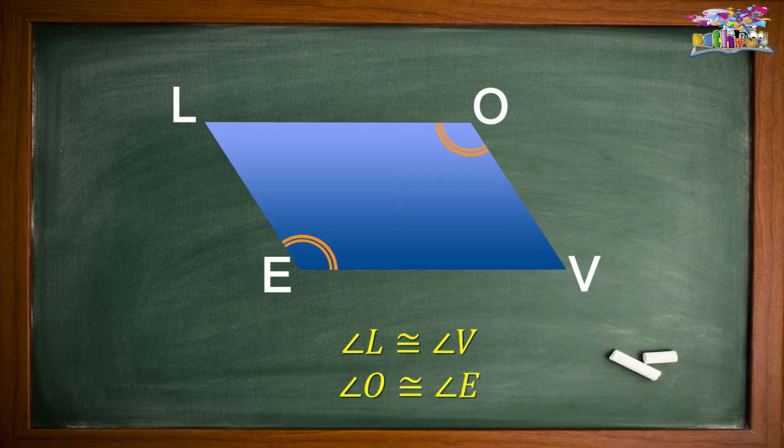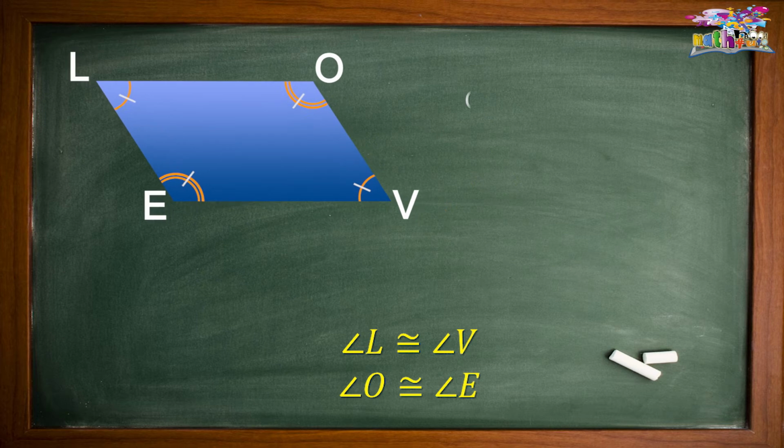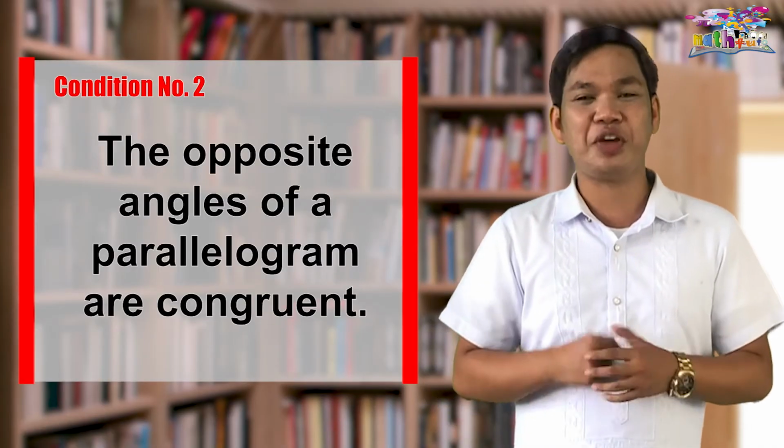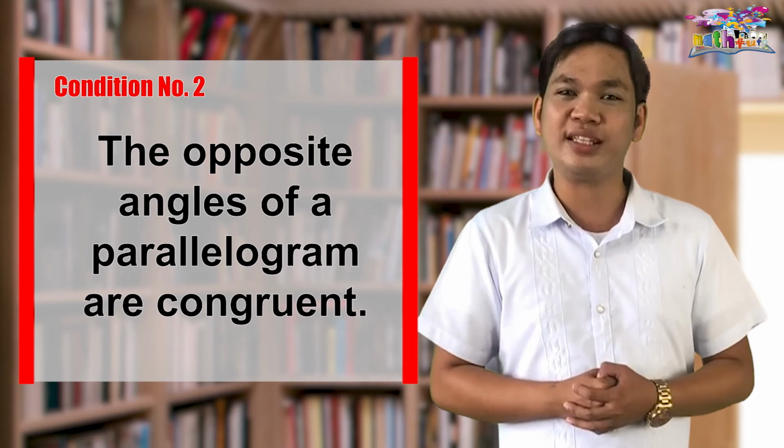Angle O is also congruent to angle E, which are also opposite angles. Thus, we can say that quadrilateral LOVE is a parallelogram. Again, the opposite angles of a parallelogram are congruent.